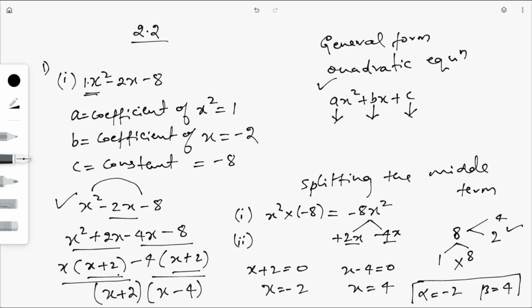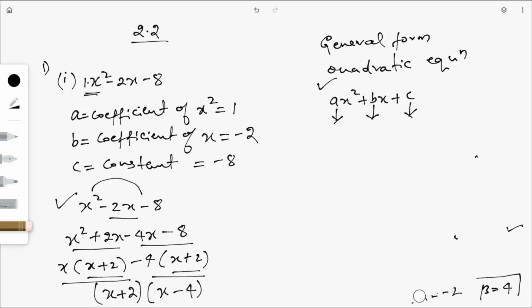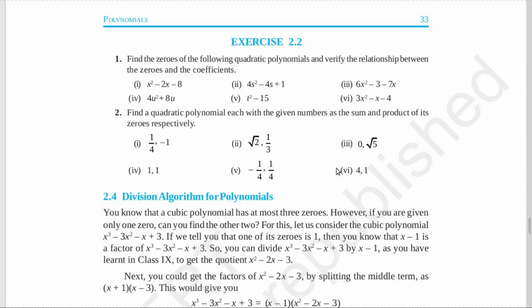Okay. So if you want, you can copy down this. I will erase this part. Okay, back to our question. What was the question? Find the zeros of the following quadratic polynomials.